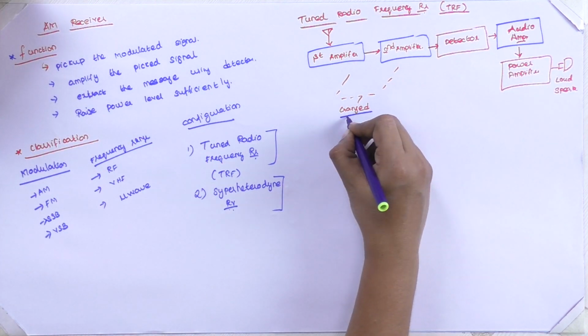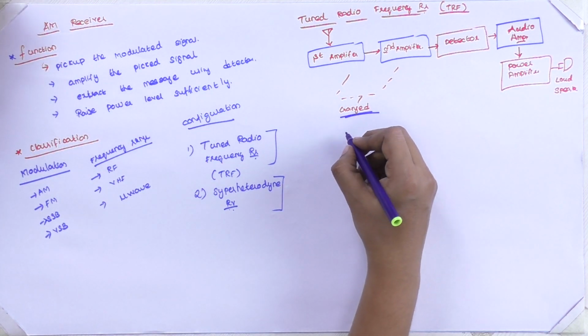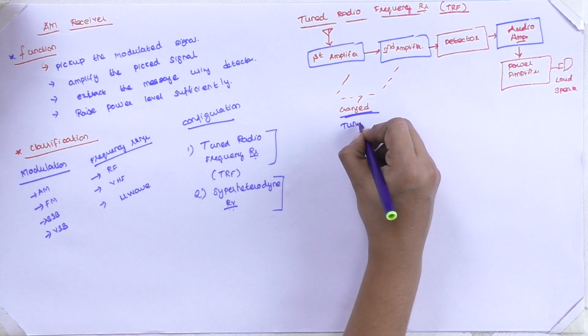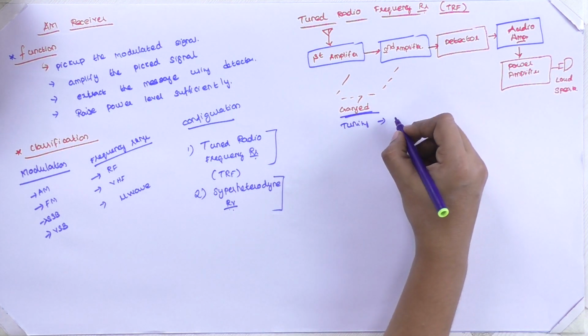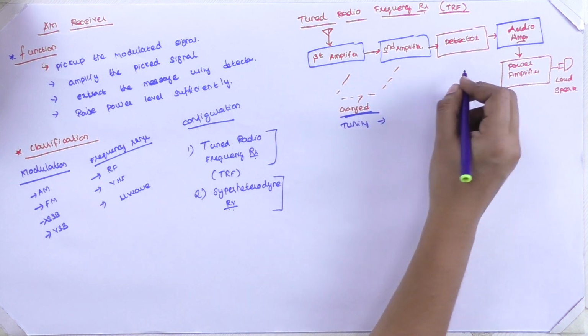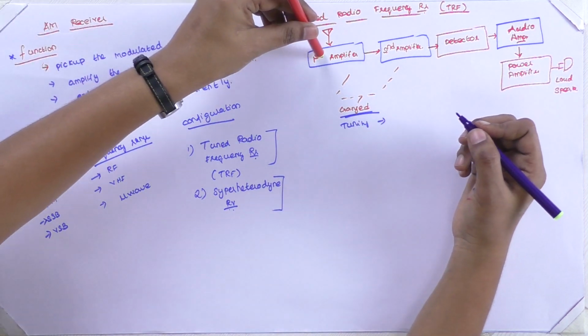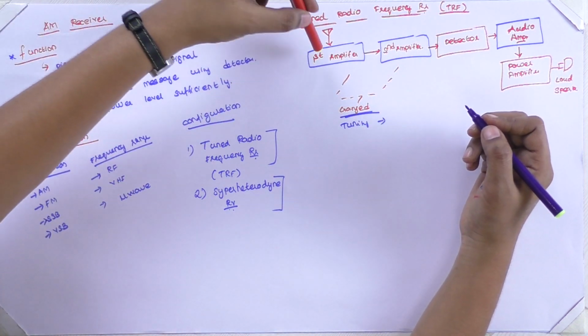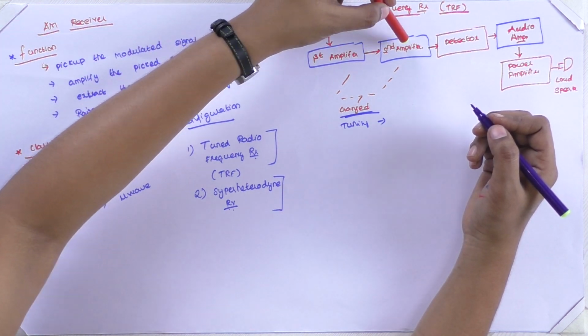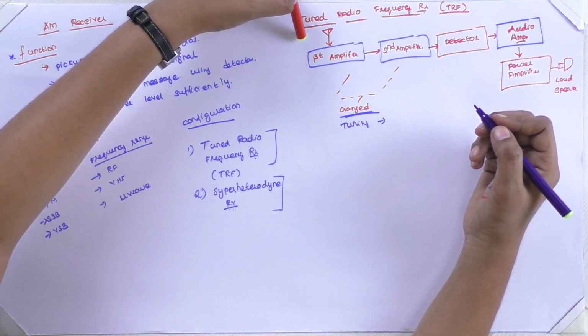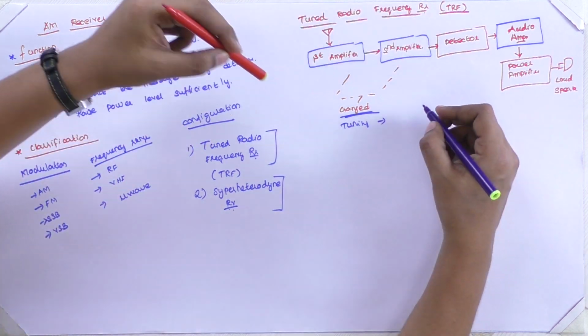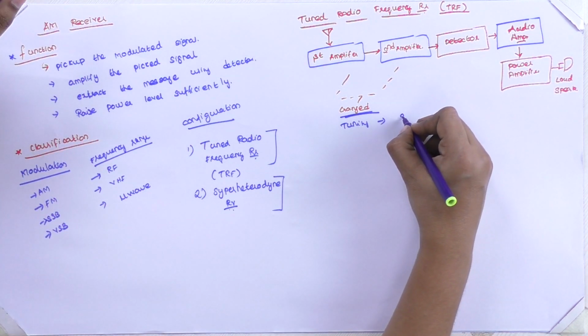Here we have used the word ganged. Ganged in the sense tuning to the same frequency. Here we have mentioned only 2 amplifiers. If we have more than 2, or n number of amplifier stages, all the amplifiers are tuned to the same frequency.